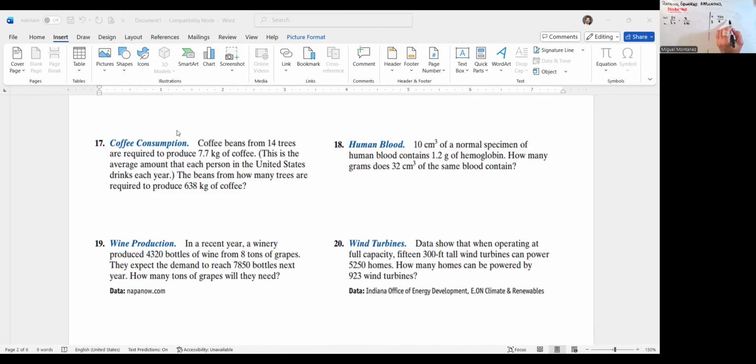We need to know how many tons of grapes are required if the demand will be 7850 bottles of wine. Here we chose to place bottles in the numerator and tons of grapes in the denominator. For another number of bottles, how many tons of grapes do I need? And we can solve these two proportions.